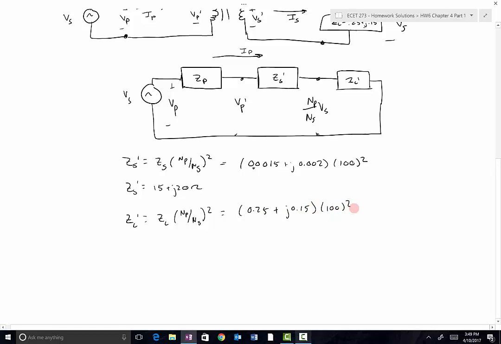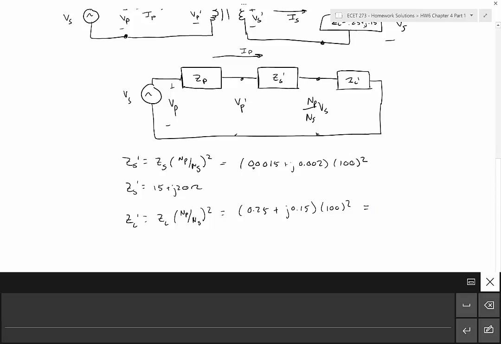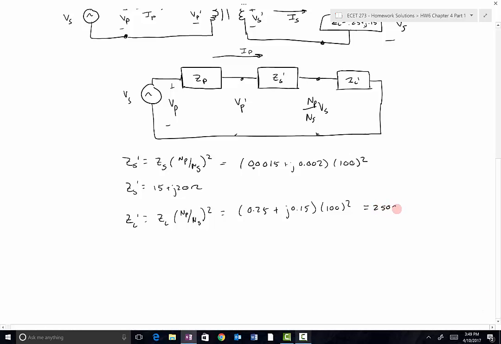So I get 100 squared times 0.25 gives me 2500 plus J 1500 for ZL prime. So I can plug these values in for these boxes right here.